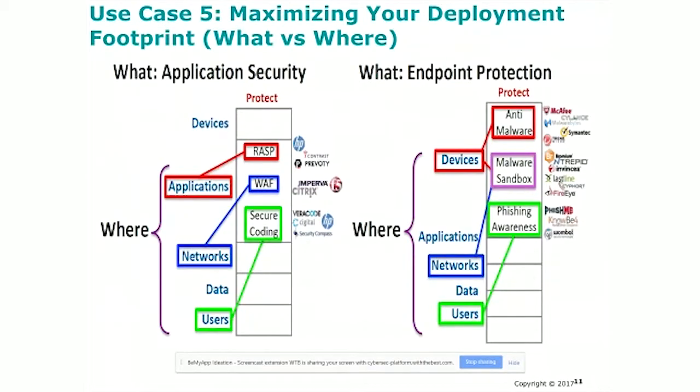And then comes, as an example, let's say application security. Where have you made the investments? Okay, you seem to have RASP, WAF, secure coding, all of that. At the user layer, great, you are invested in making sure users are adopting secure practices and secure coding.